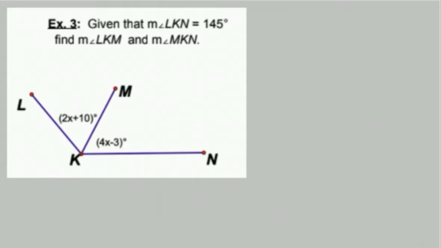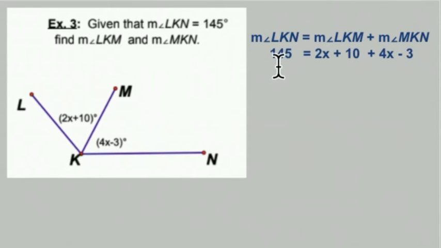For example 3, we're told that the measure of angle LKN is a 145-degree angle. Angle LKN is the large angle. Using the angle addition postulate, I know that the measure of angle LKM plus the measure of angle MKN add to the measure of angle LKN, which is 145 degrees.